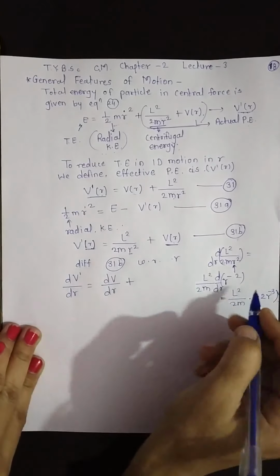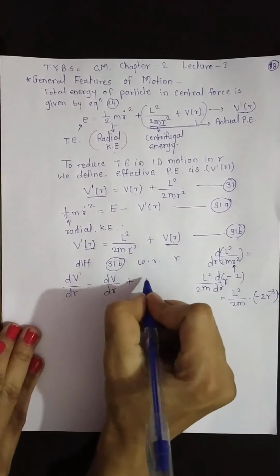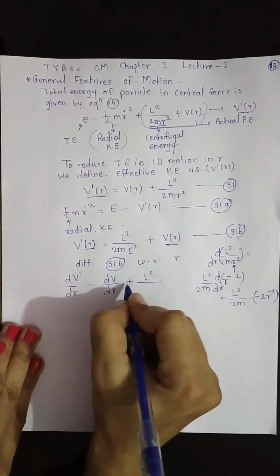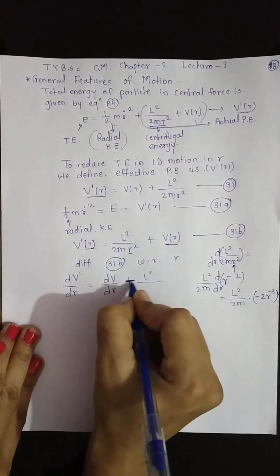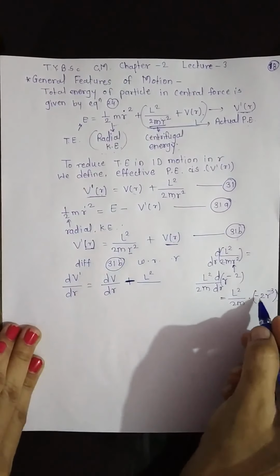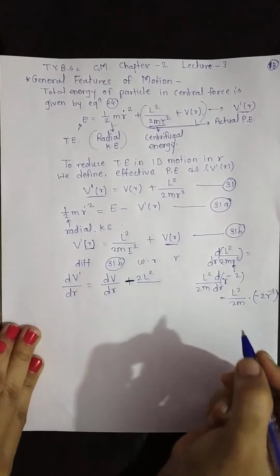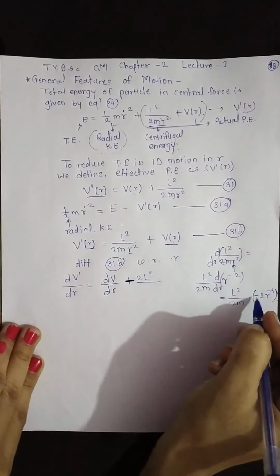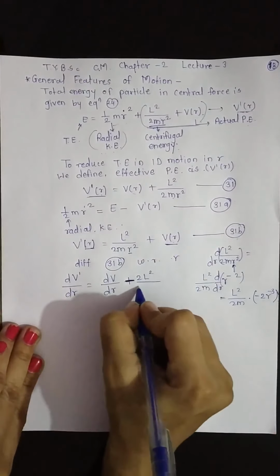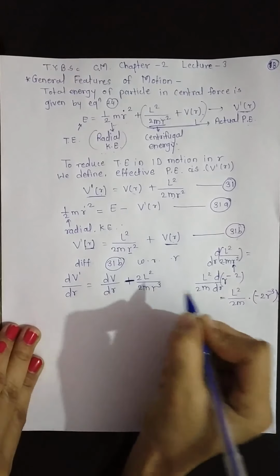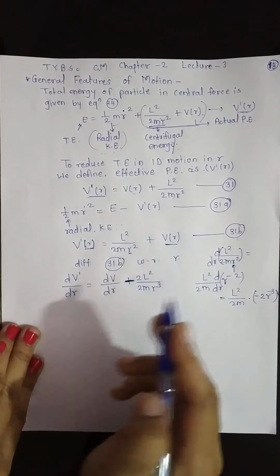So this derivative will be negative, since we have minus 2 upon 2m: minus 2 L square upon 2m r cube. So this will be the derivative of this term.